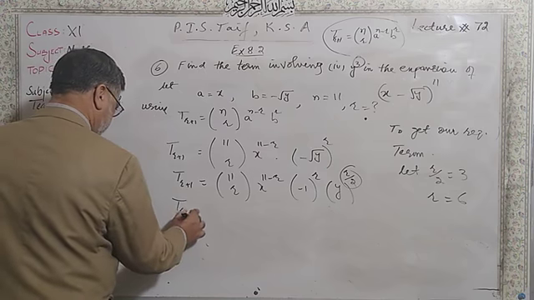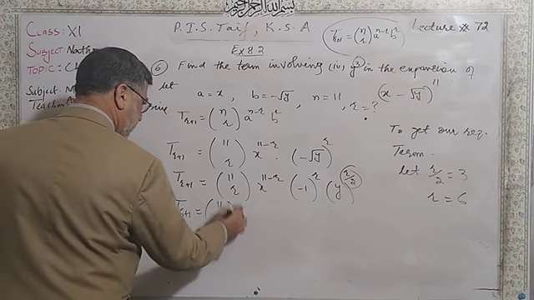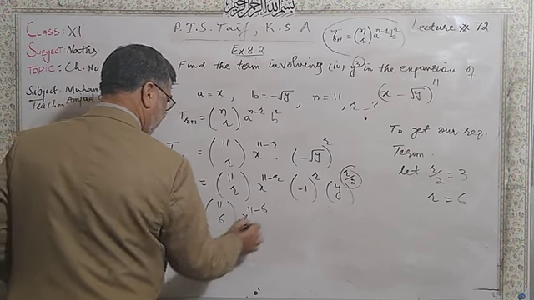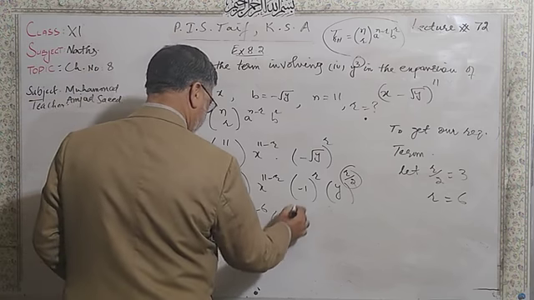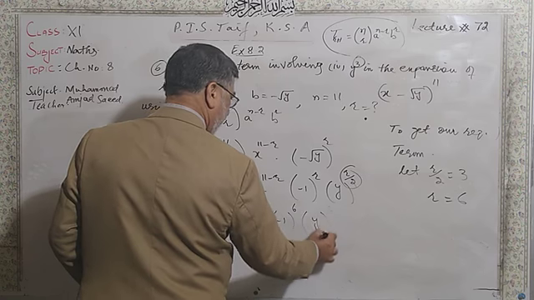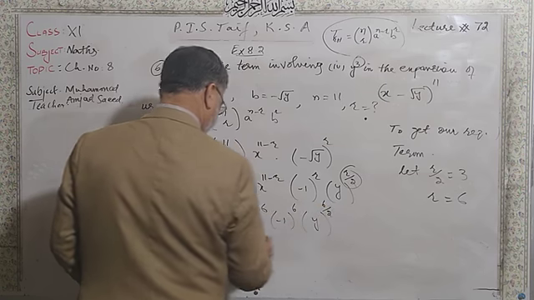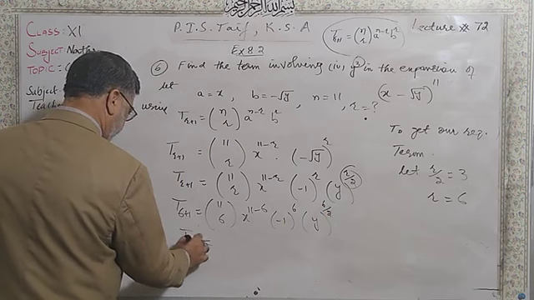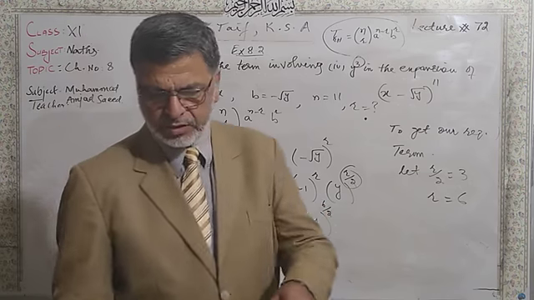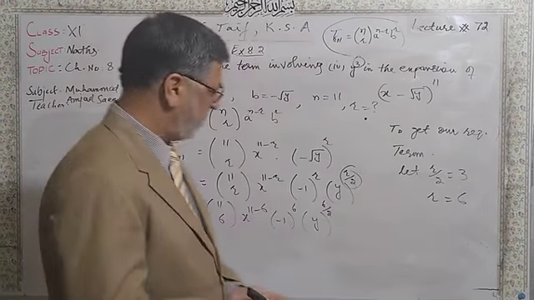So T6 plus 1 is 11C6, x power 11 minus 6, minus 1 power 6, and y power 6 over 2. So this is T7, your 7th term.